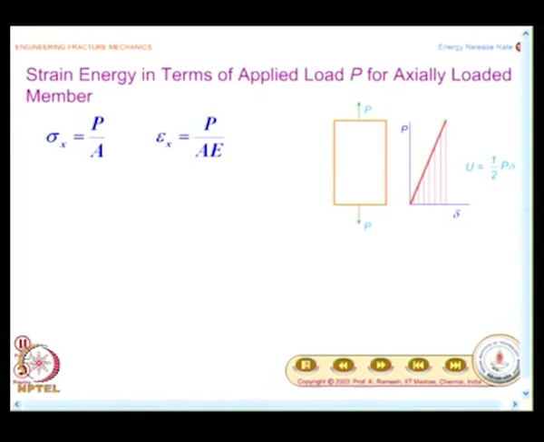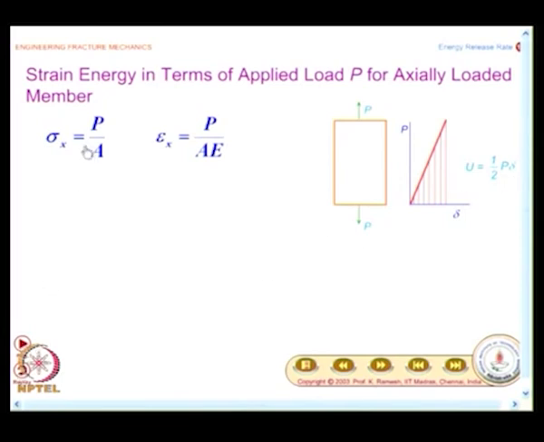Our interest is to get the final expression for strain energy in terms of the external load applied P, area of cross section and Young's modulus. This is what we are looking at. One way of writing is U equal to 1/2 of P into delta.